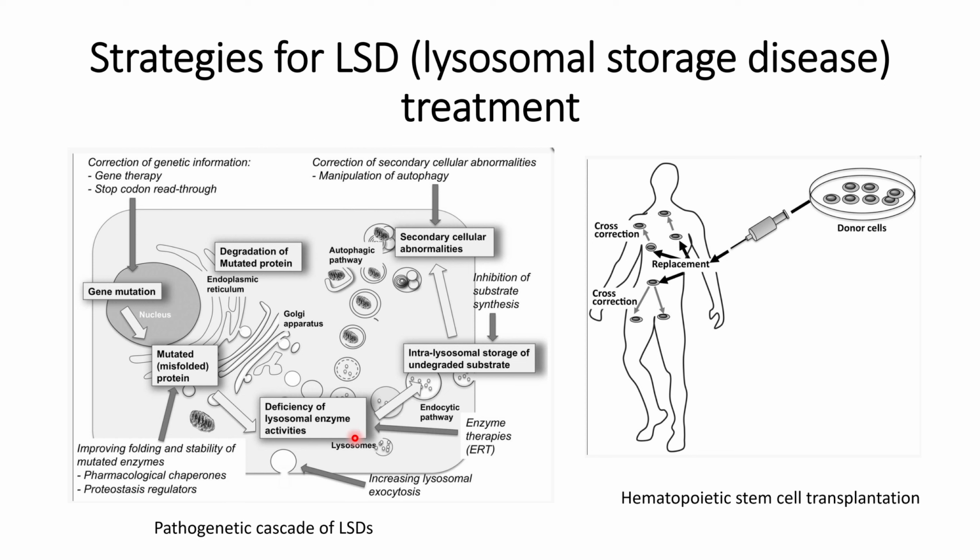Because of the abnormalities, it might cross, and because of cross effects, it might lead to intralysosomal storage of undegraded substrate. This can be addressed by inhibiting the substrate synthesis, that is, the synthesis of such undesired or undegraded substrate can be inhibited using some strategies.